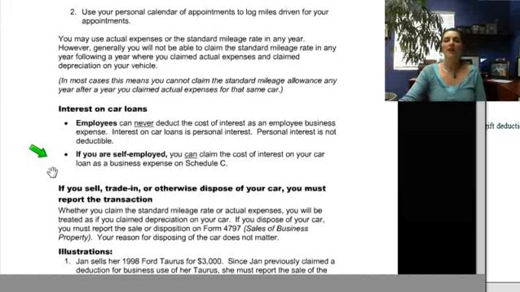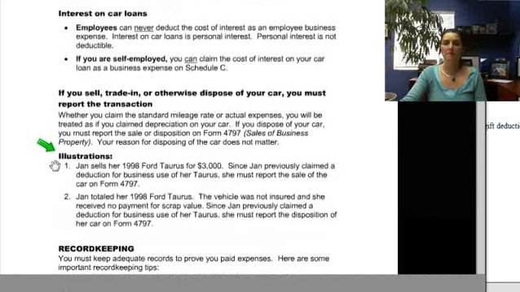The rules are identical until we get to this rule about interest on car loans. If you are an employee, then the interest on a car loan is never deductible, but if you are self-employed, then you would figure the proportionate amount of interest on your car loan that you can show is attributable to business use of your car, and that is allowed as a prorated amount on your Schedule C.